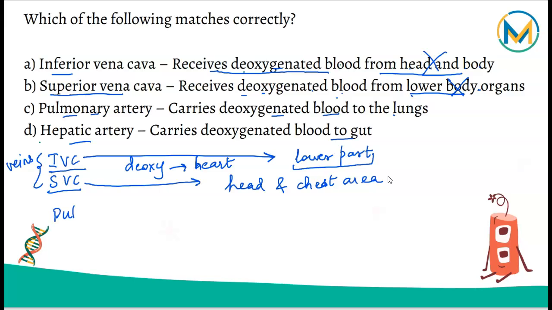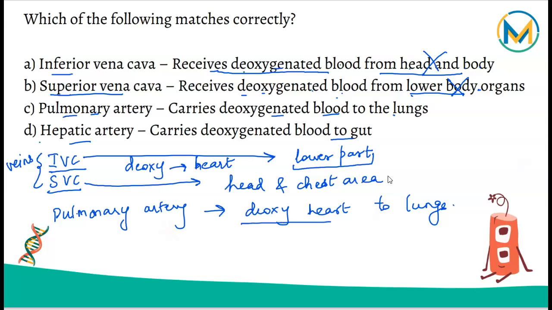Next, what does pulmonary artery do? It carries deoxygenated blood from our heart to the lungs for purification. So all the deoxygenated blood that both these veins have brought goes to the lung for purification. And the last one is the hepatic artery.